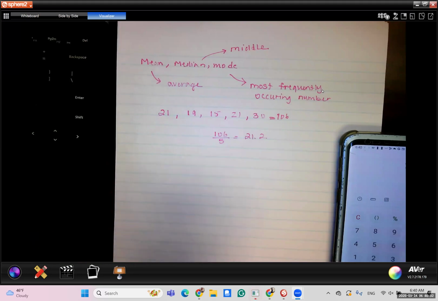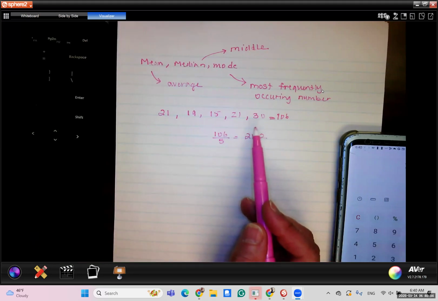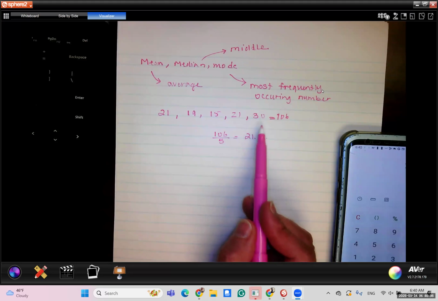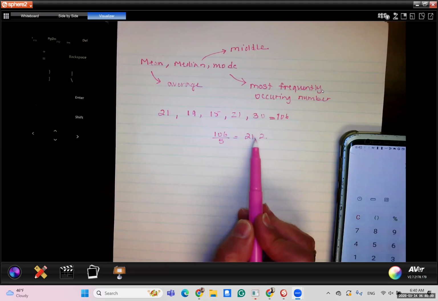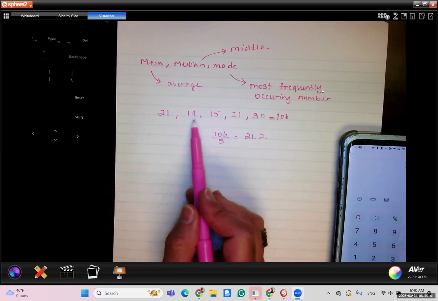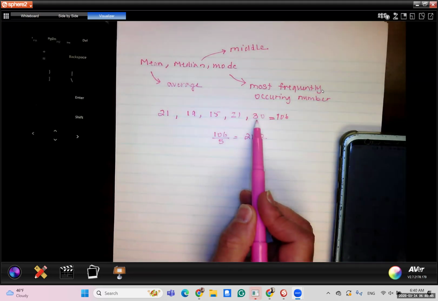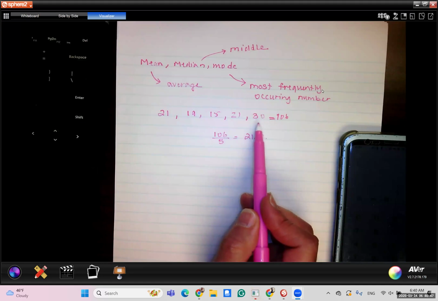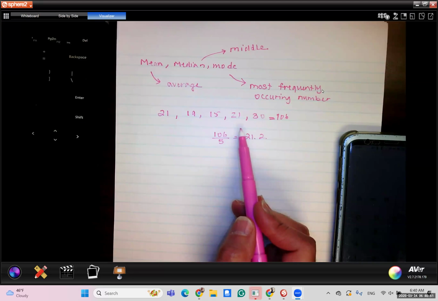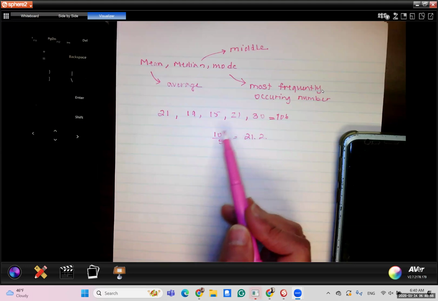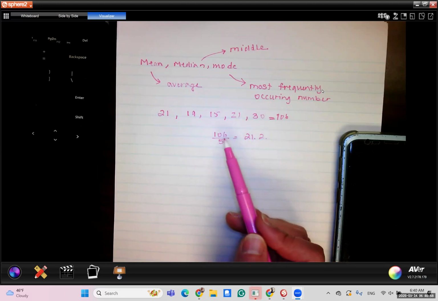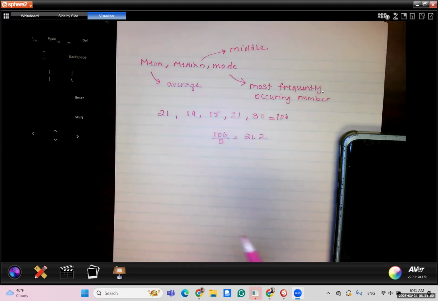Notice that, let's say all the grades were out of 30 points, this average is really closer to the bottom number of your scores. That 30 kind of pulls it up, but not enough. So mean is very sensitive to extreme numbers. A number that's much smaller than the others or a number that's much larger pulls the data either to the right or to the left.